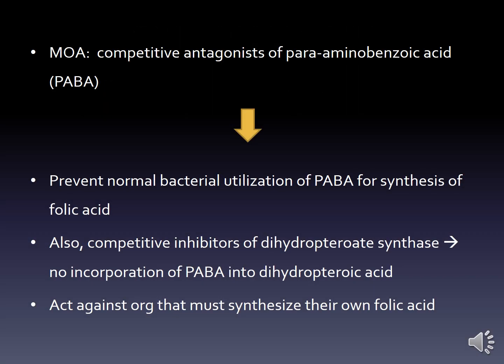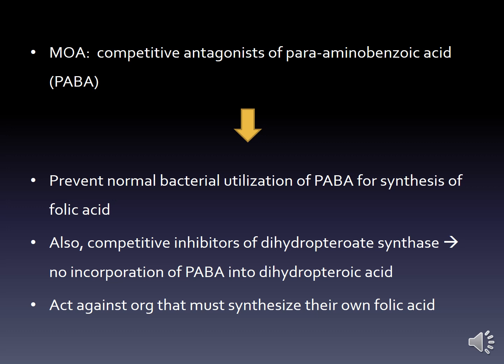So the action of your sulfonamides: they are competitive antagonists of your para-aminobenzoic acid, or PABA. What it does is prevent normal bacterial utilization of your para-aminobenzoic acid for the synthesis of your folic acid. So in essence, it will disrupt your folic acid synthesis in your bacteria.